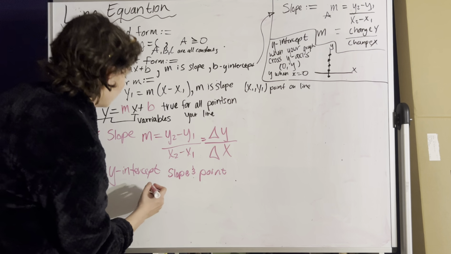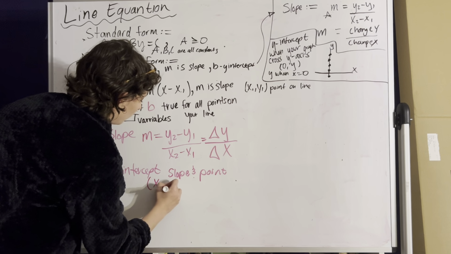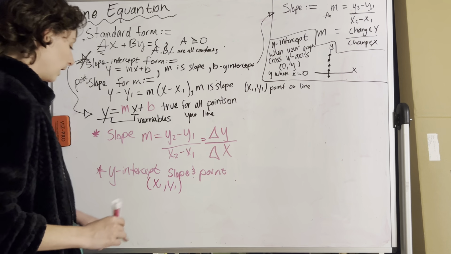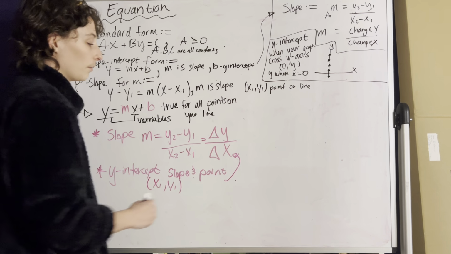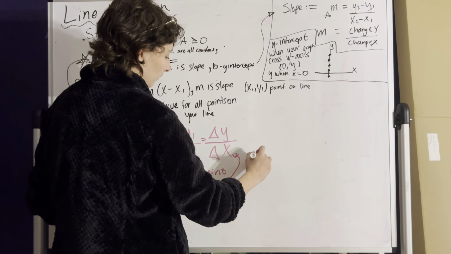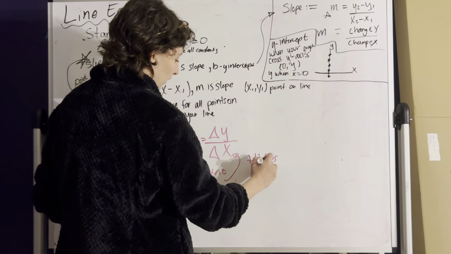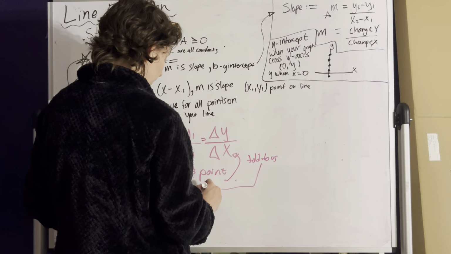So if I had x1 and y1, and maybe you already found the slope from up here, or maybe it was told to us, either way, we know what the slope is.